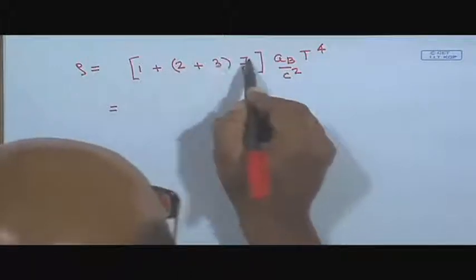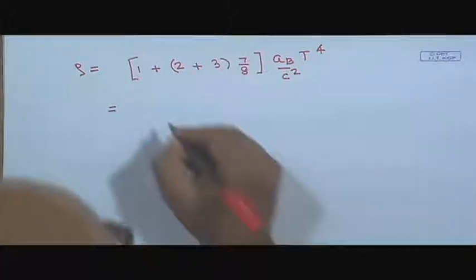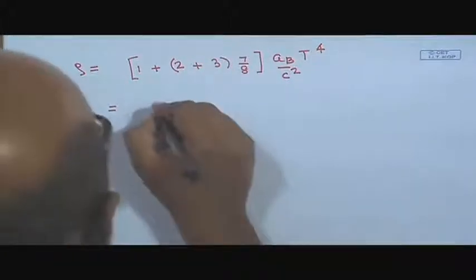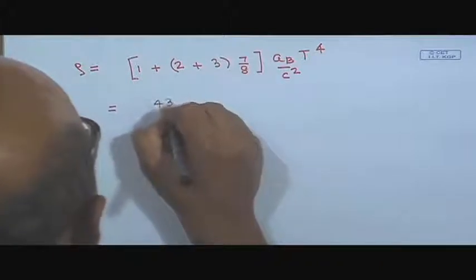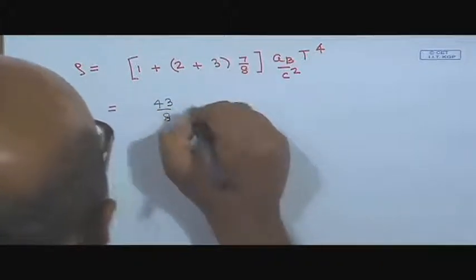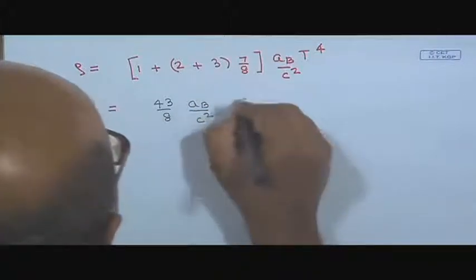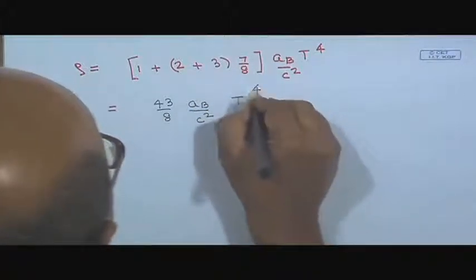So, this is 5 times 7, 35, plus 8, that is 43 by 8. So, the total energy density is 43 by 8 times the Stefan-Boltzmann constant by c square times T to the power 4.